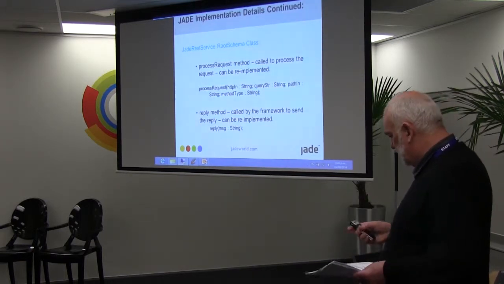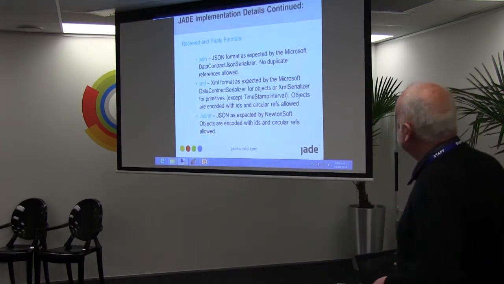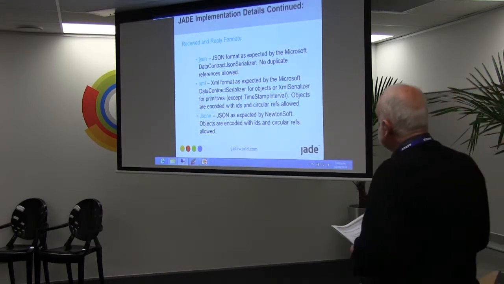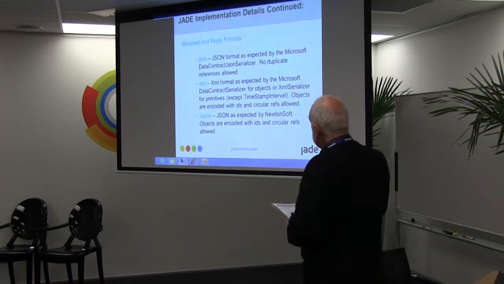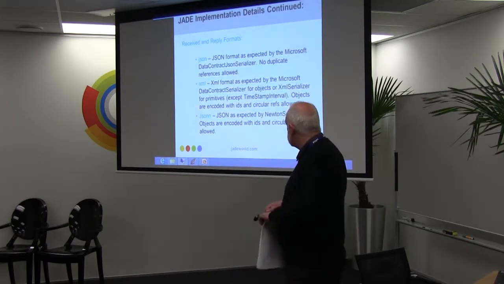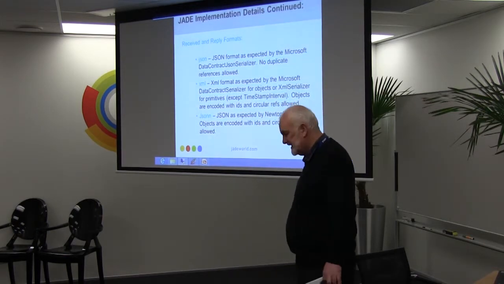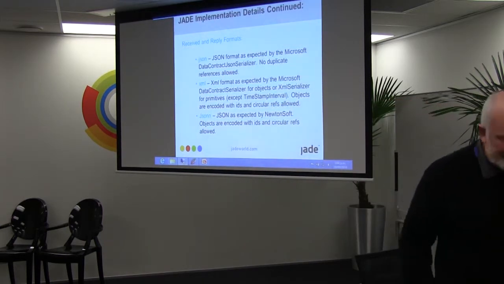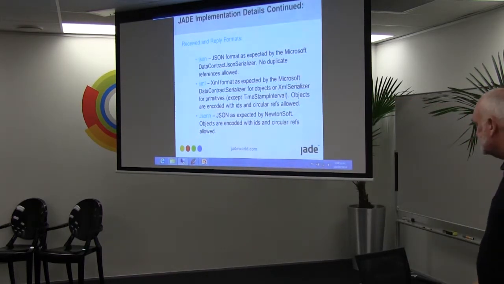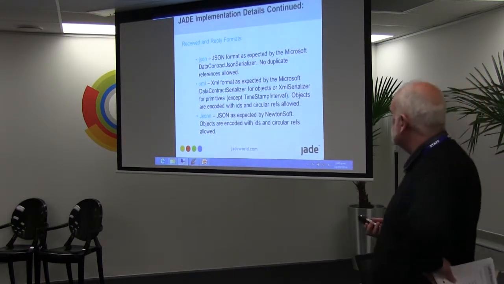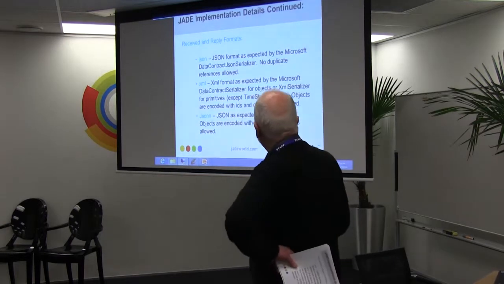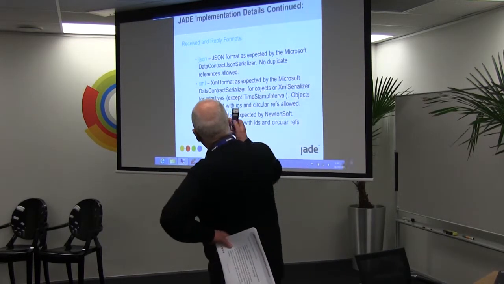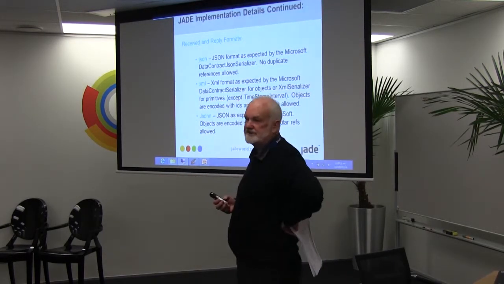Now, I mentioned that there are 3 different types of formats. Unfortunately, JSON, Microsoft JSON and Newtonsoft JSON are not compatible. They are in some areas, but the important ones are not. Anyway, if you specify JSON, which is the default, Microsoft does not allow duplicate references.